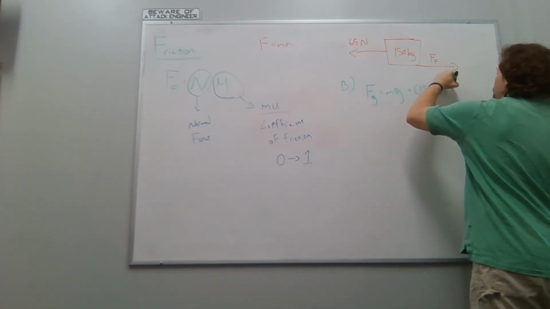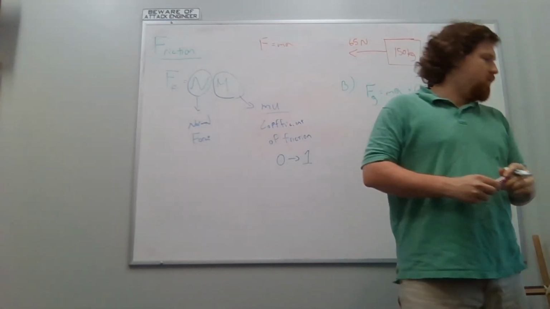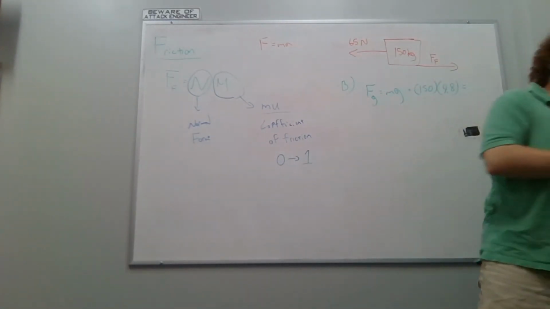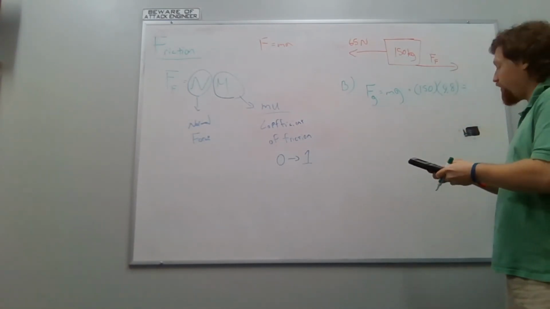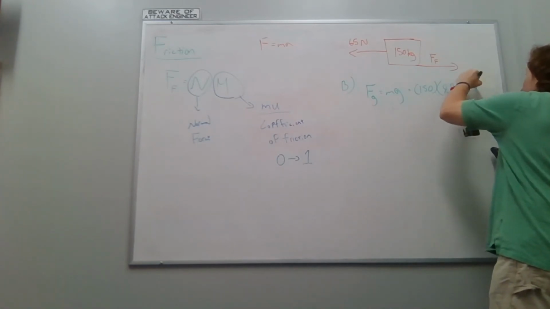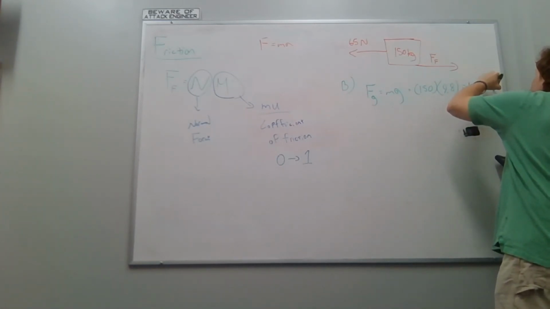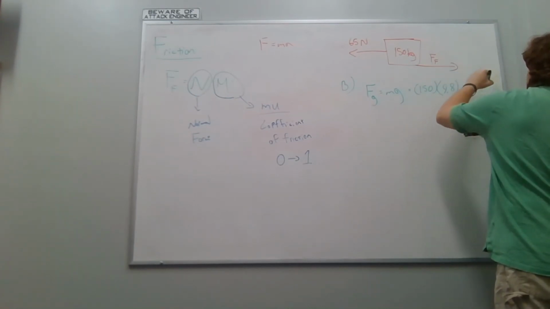You multiply that by 9.8, which is the acceleration due to gravity. And that will tell you the force of gravity, the actual force that gravity pulls down on it with, in newtons. So, the buggy has a total weight of 1,470 newtons.